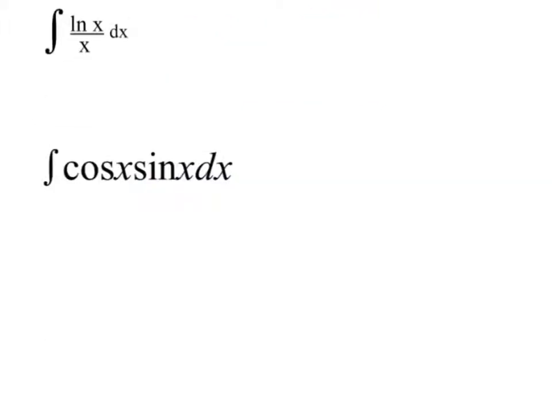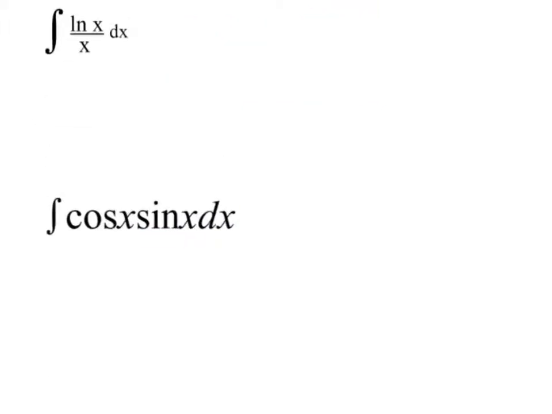All right, this first one, I'm going to start by rewriting. Okay, I'm going to rewrite this as the natural log of x multiplied by 1 over x dx. Make sure you see that those things are the same. The natural log of x times 1 over x is natural log of x over x. I'm going to make u the natural log. And the reason I'm doing that is because the derivative of natural log is 1 over x dx.